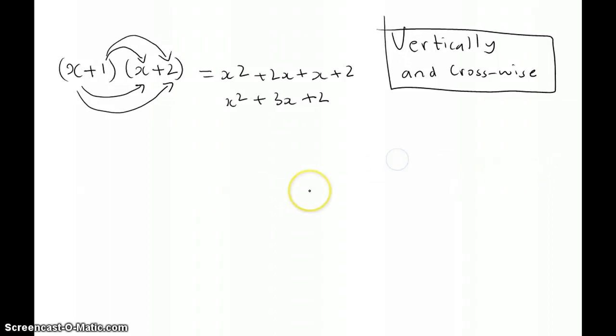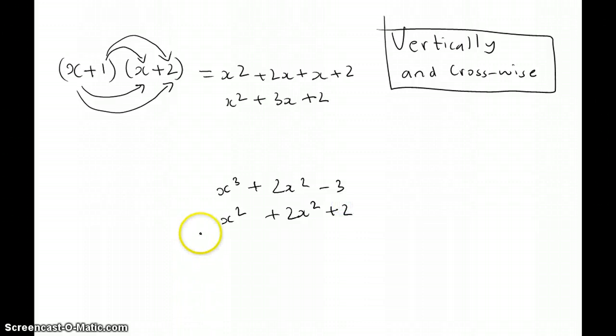So, suppose we have x cubed plus 2x squared minus 3 times x squared plus 2x plus 2. Okay, so we keep following the same steps, guys, and you have to keep this in mind. As long as you keep following the steps that we have, it's very, very easy.